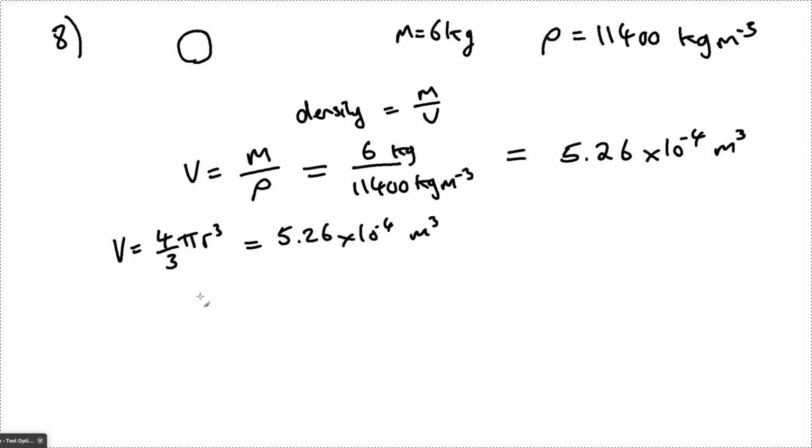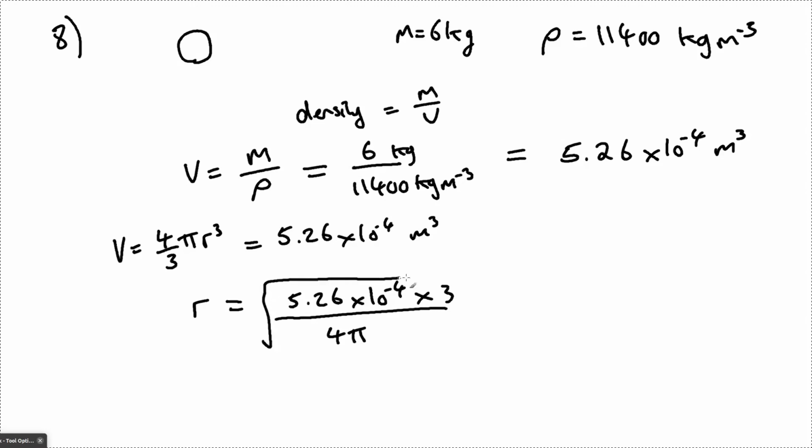So if we rearrange again, r is going to be multiplied by 3 divided by 4 pi, take the third root, so 5.26 times 10 to the minus 4 times 3 over 4 pi, the third root of that. And if we do that, we come out with 0.050 meters.